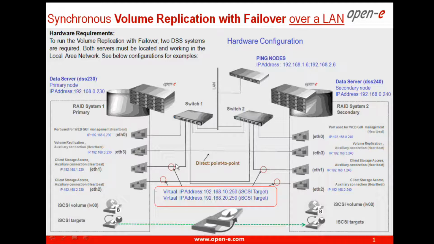If only one is missing, then nothing happens because the second ping node is still reachable. And also because we have two cards, so multipath, when one path is missing, the second path is still available, and we will have access to the system. So that's an example configuration which you can also use on your site.